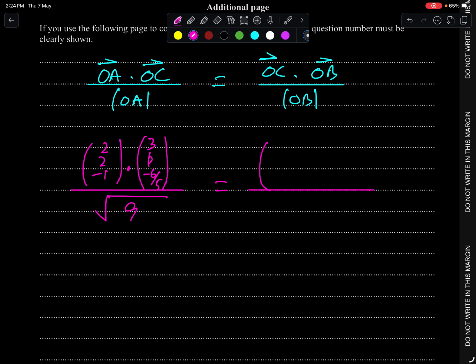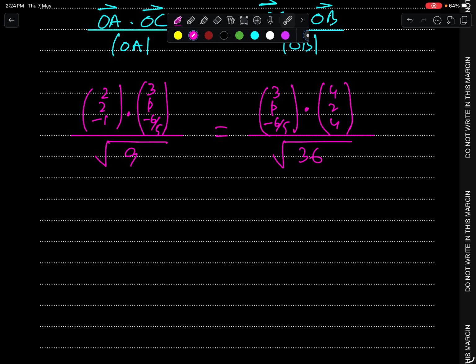Now OC, 3, P, minus 6 upon 5, dot OB. It was 4, 2, 4. Now write the magnitude of OB here, 6.